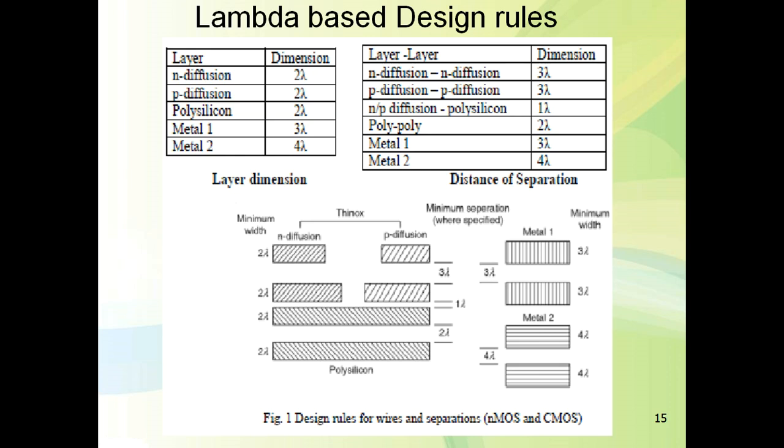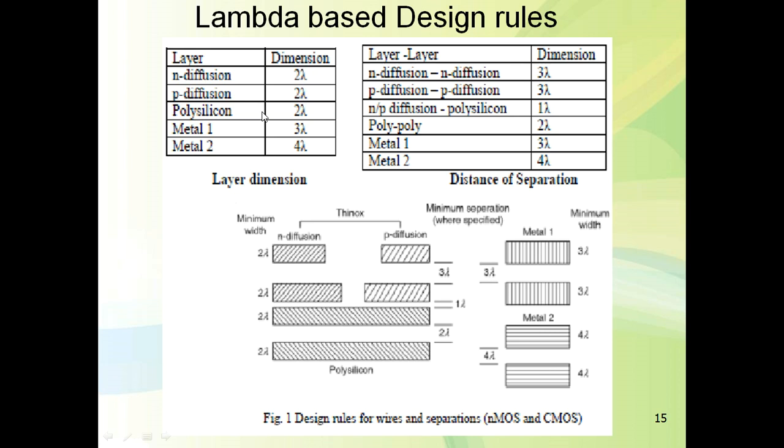These design rules are for the different layers. You know that there are different layers: N diffusion, P diffusion, polysilicon, metal 1, metal 2. Then what will be the width, and what is the separation between two layers? Now you can see in the first slide, the minimum width of the N diffusion layer is 2 lambda. Minimum width of P diffusion is 2 lambda.